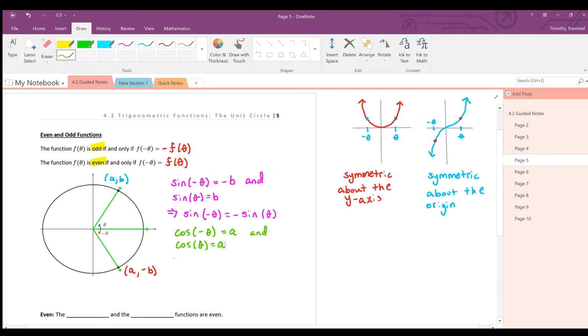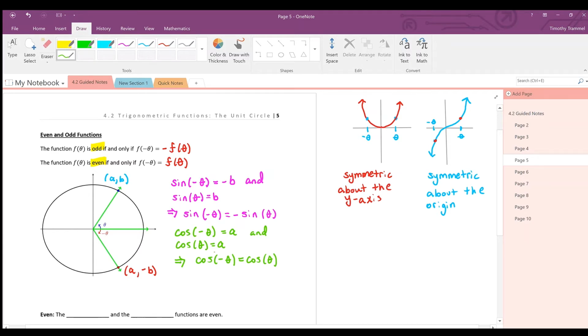And so what we see here is that cosine of minus theta is equal to cosine of theta. So that means that cosine is even.